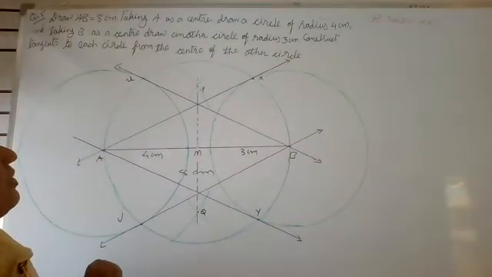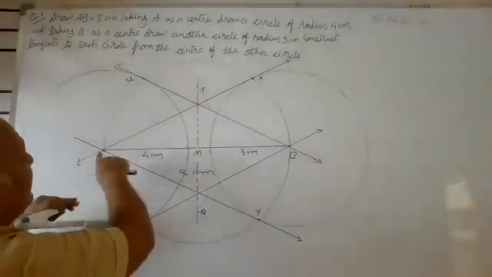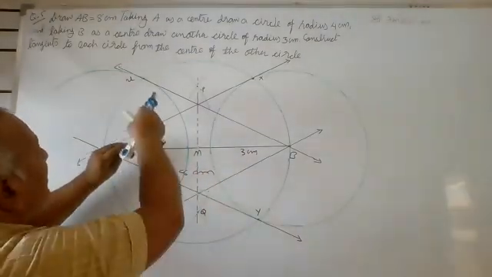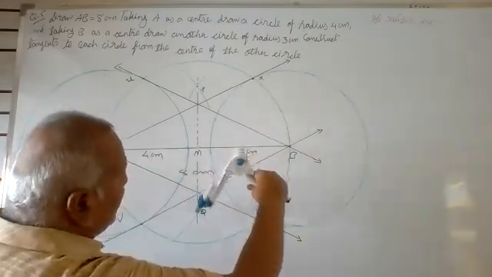Now we have to get the perpendicular bisector of AB. How have I done it? Taking more than half of AB, one arc upside, one arc downside. From B, one arc upside, one arc downside.